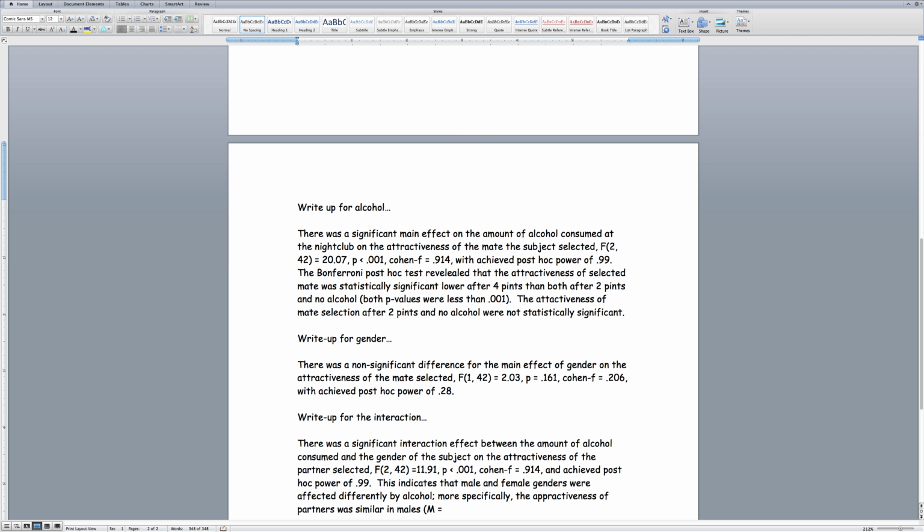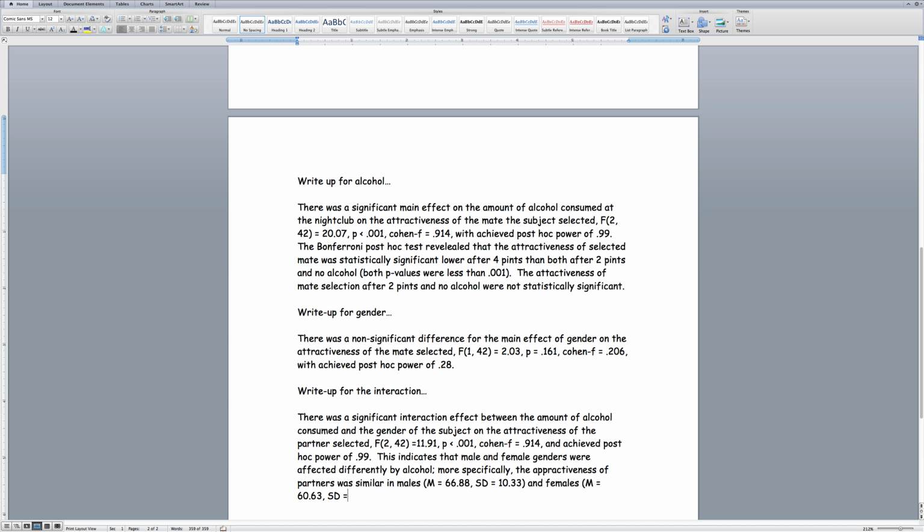They had a mean of, jotted down here, 66.88. Standard deviation equal 10.33. And I've jotted down a male for 60.63. I'm trying to look at my notes and I didn't write as well as I wished I had, at 12.52.